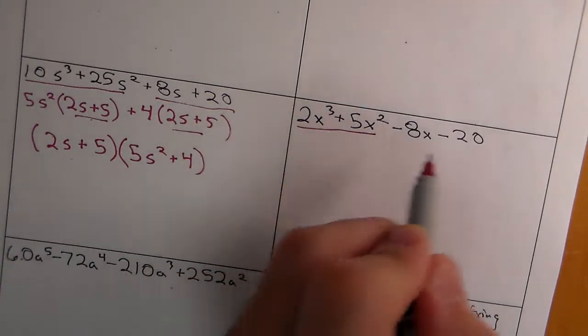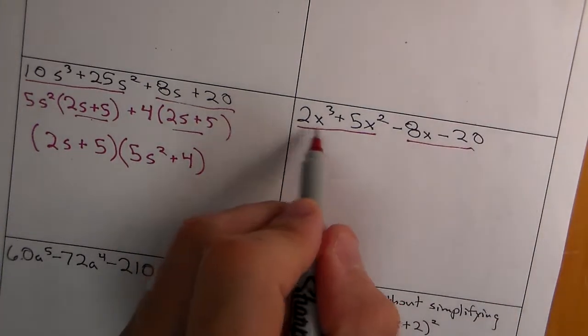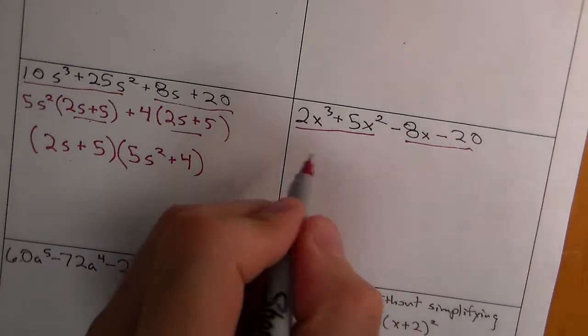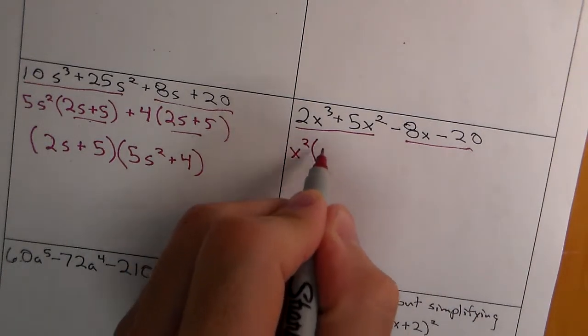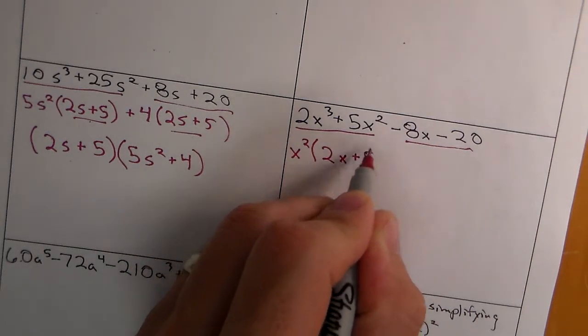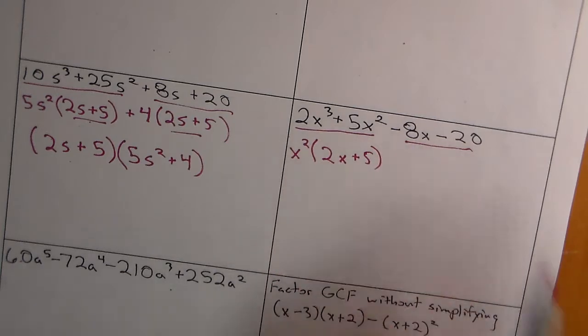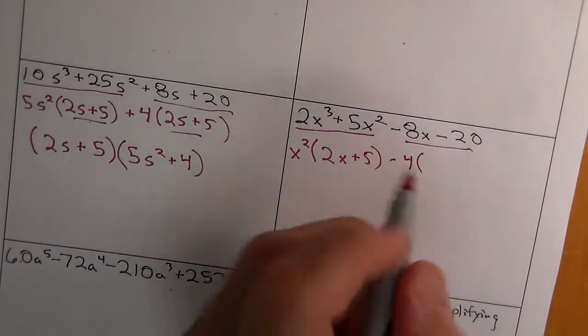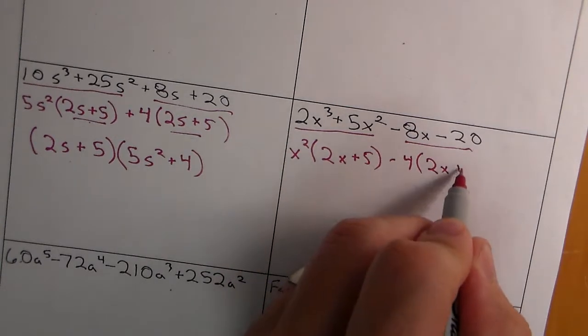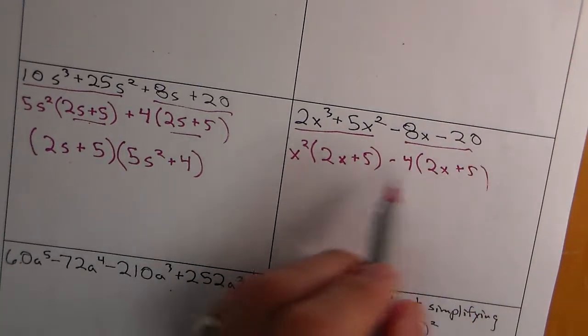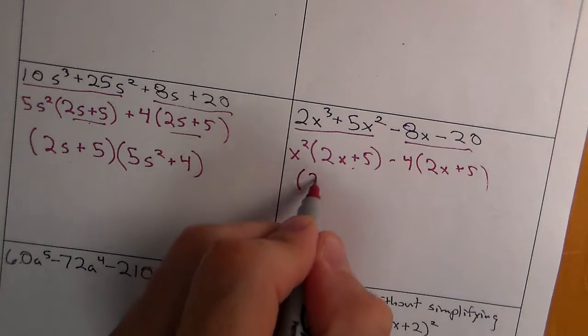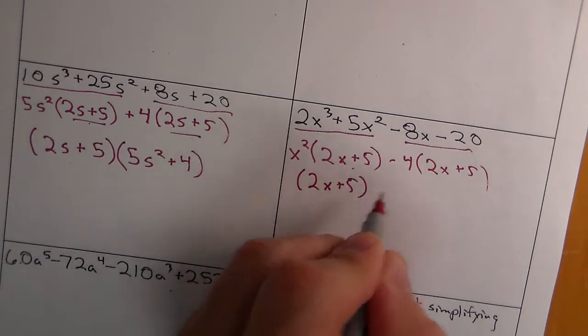Next problem. Factor first 2, factor last 2. 2 and 5 are relatively prime, can't factor there, but I'm going to take out an x squared, and I have 2x plus 5. Negative 8 and negative 20, I'm going to take out a negative, let's do negative 4. That gives me a 2x plus 5. These match, so we're going to go 2x plus 5, factor that out.